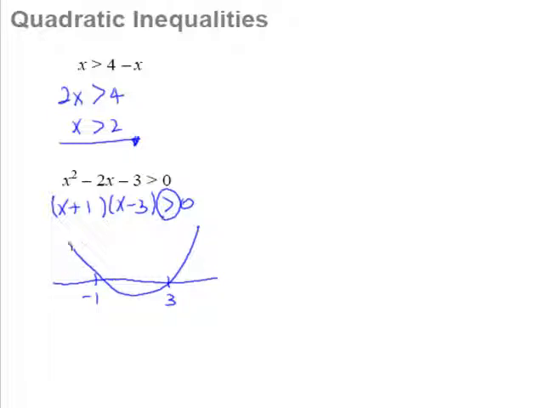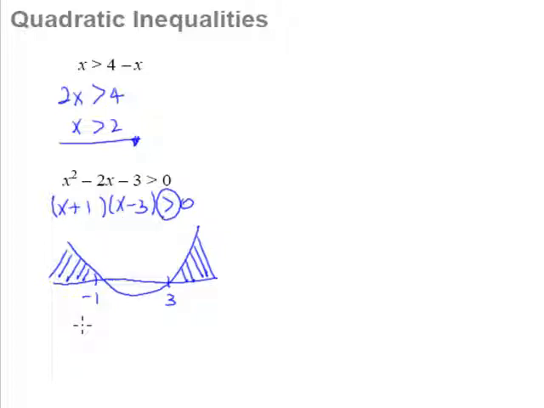The curve will be greater than 0 only for this part and this part, isn't it? For between -1 to 3, the curve will be underneath. It will be negative. You don't want the negative part of the curve, you want the positive part of the curve.